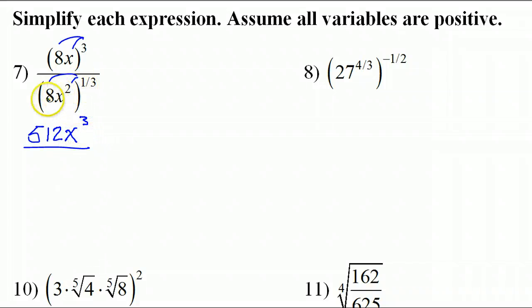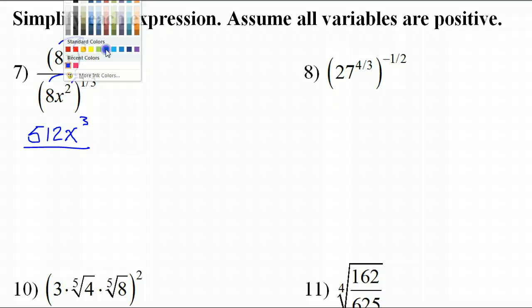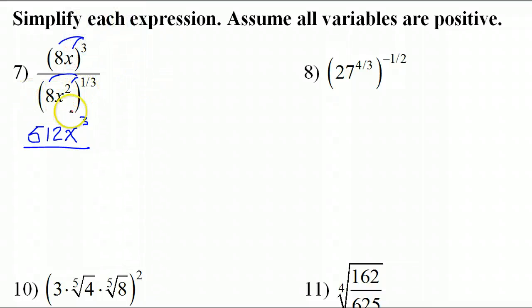Now, I need to do the 1/3 power to both of these things. Now, focus on the 8 for a second. Maybe I'll do this off to the side. I have to do 8 to the 1/3 power, right? Sort of like this. But please understand that 8 to the 1/3 power is the same thing as the cube root of 8.